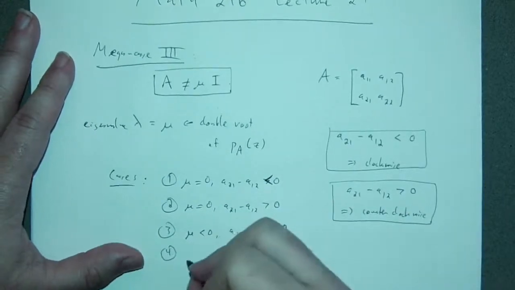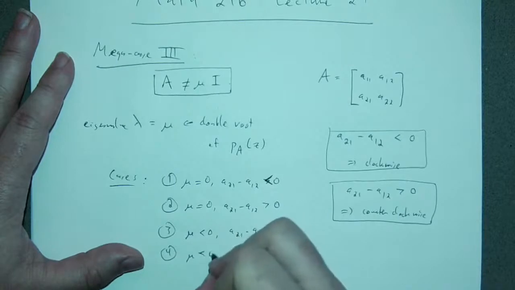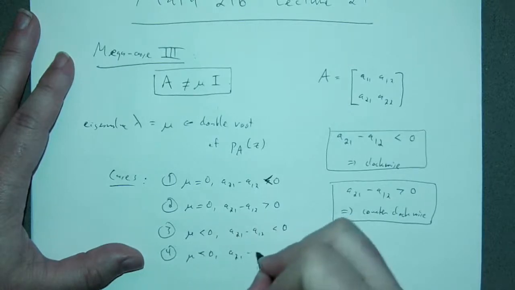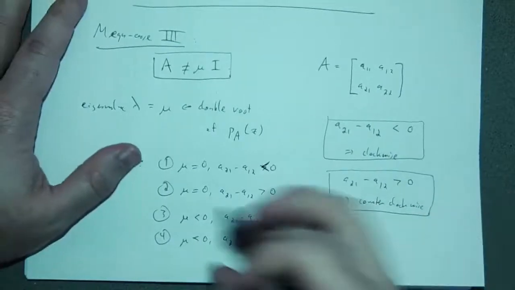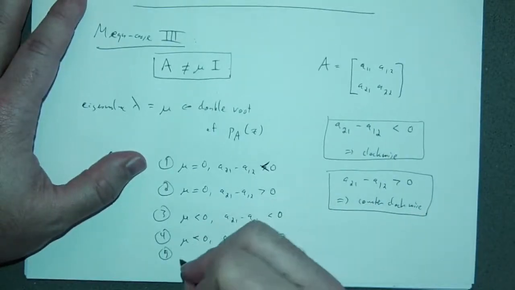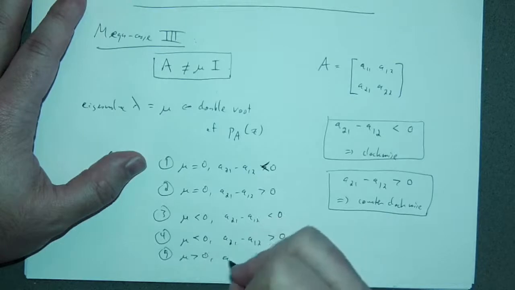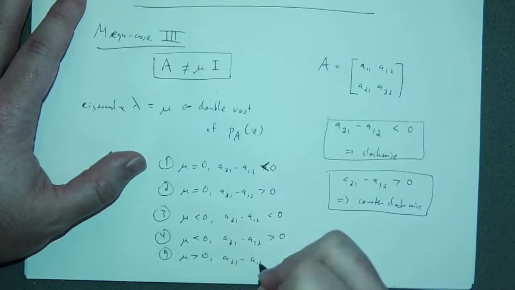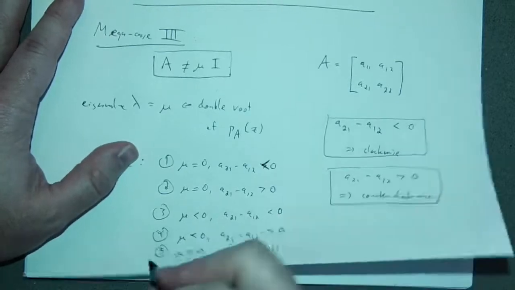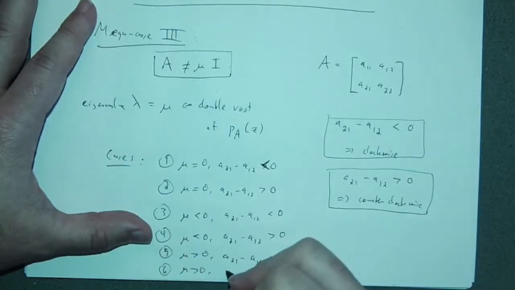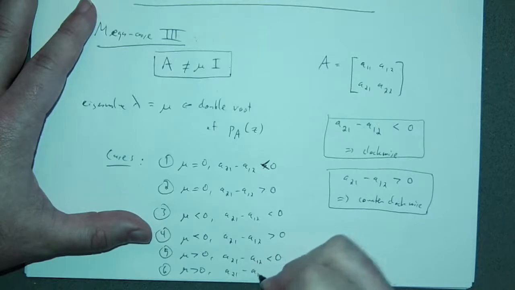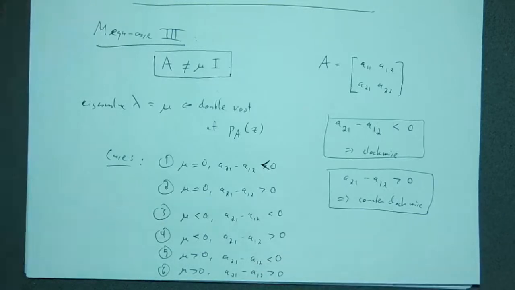The fourth case is mu is negative, and A21 minus A12 is positive. The last 2 cases, as you might have guessed: mu positive, A21 minus A12 negative. And lastly, mu positive, and A21 minus A12 is also positive.